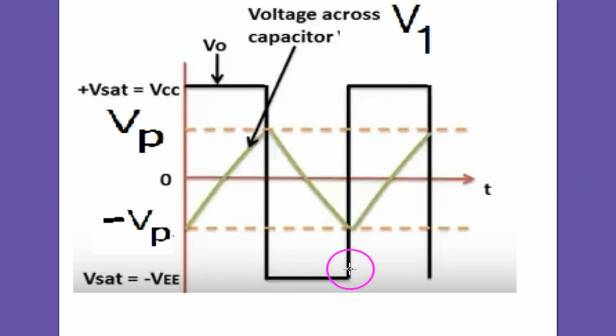Then the capacitor starts discharging, and when the potential becomes lower than Vp, it jumps back from negative V saturation to plus V saturation. This process repeats again and again, and we get a square wave.